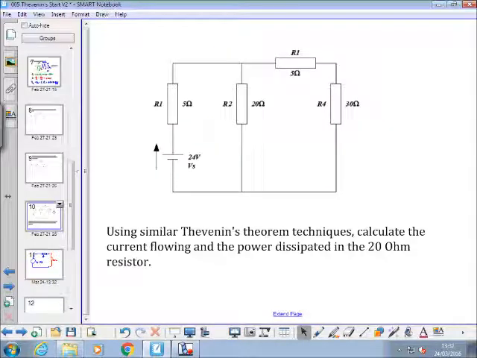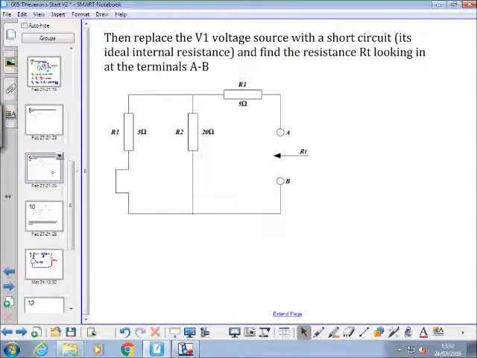So the next bit is replace all sources with their ideal internal resistance. So I've taken out the voltage source and replaced it with its internal ideal resistance, a short circuit. The resistance of an ideal current source is infinite ohms.